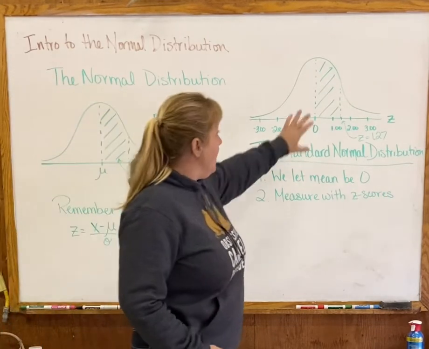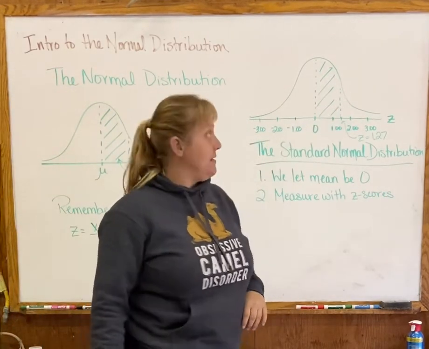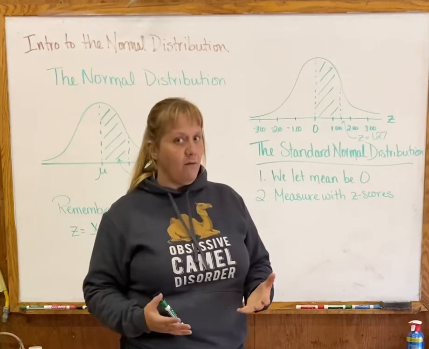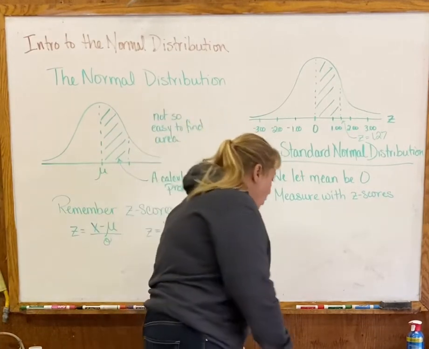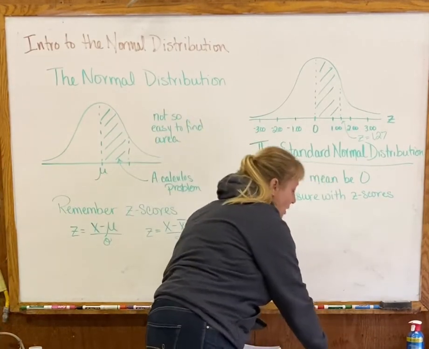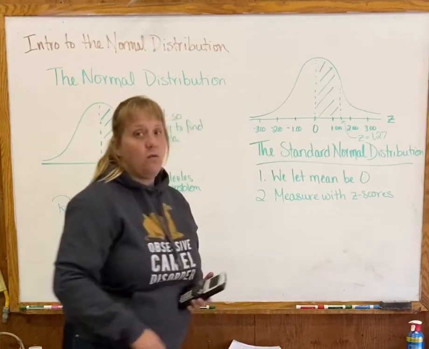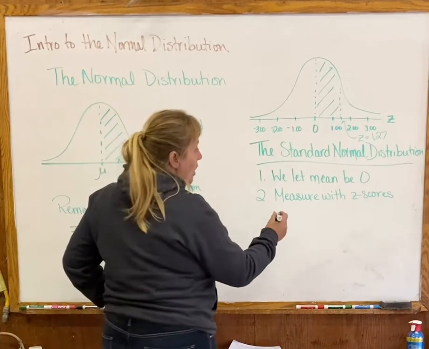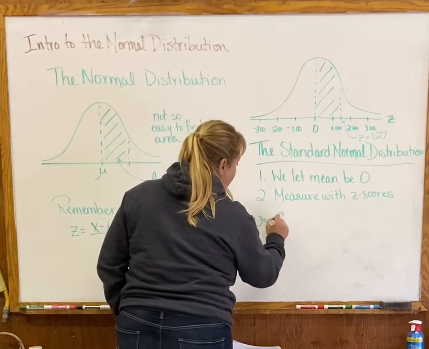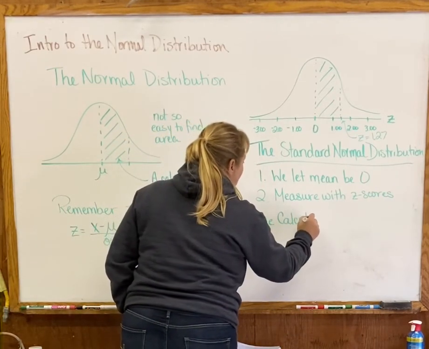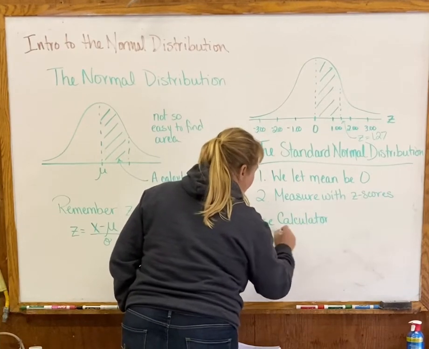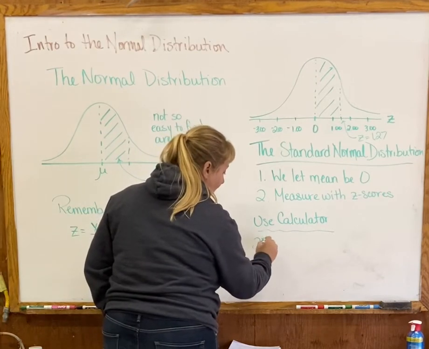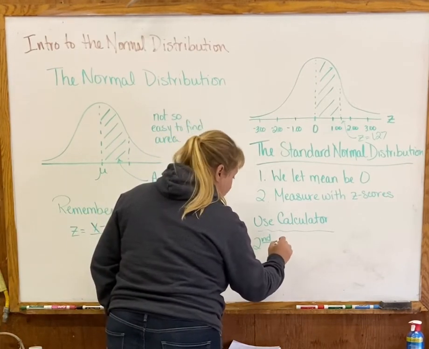Now, as I said, that's not an easy problem to find the area of, but the program has already been done for us. All the calculus is already done. We just need to be able to do this in our calculator. So if we want to find that area, here I'll write it first, then I'll show you on the calculator. In order to use the calculator, we are going to go second, distribution.